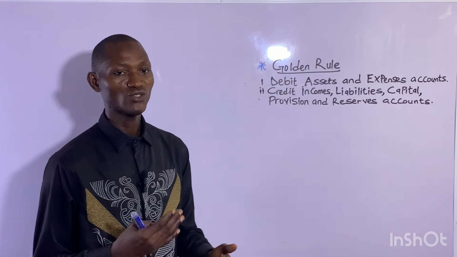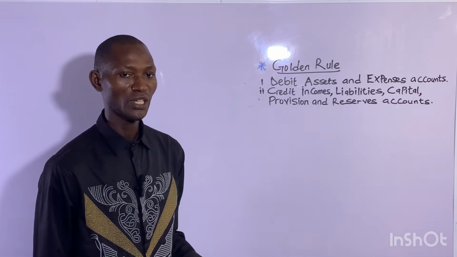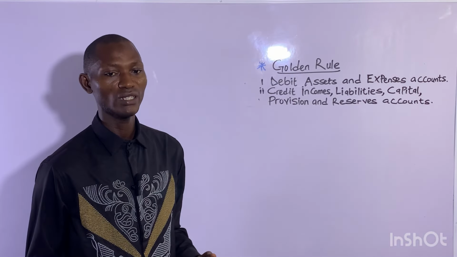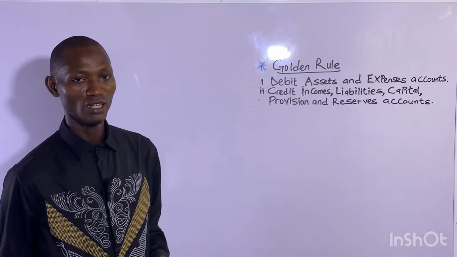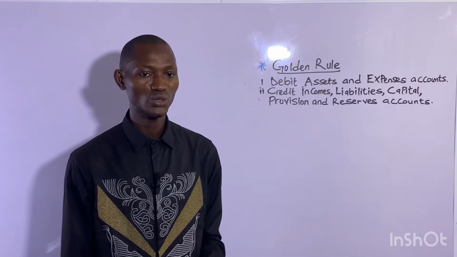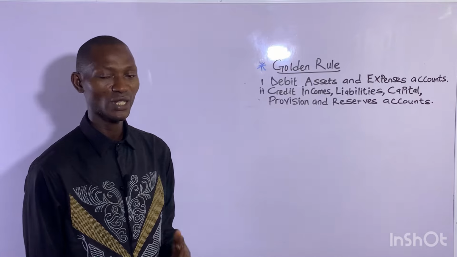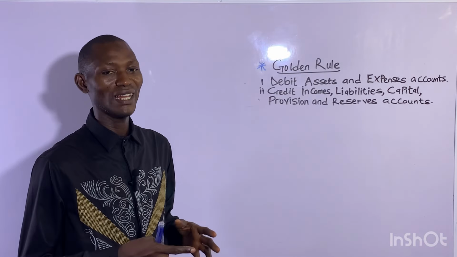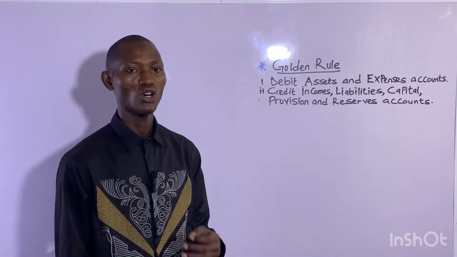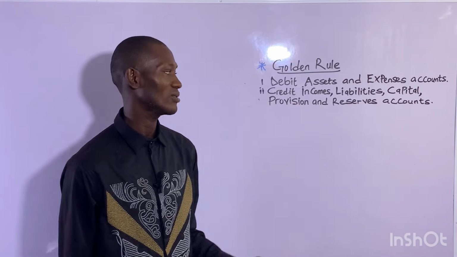Current liabilities like trade creditors, bills payable, bank overdrafts, insurance owings, rent accrued, or rent due, or electricity outstanding. All those are current liabilities, and they must all have a credit balance.